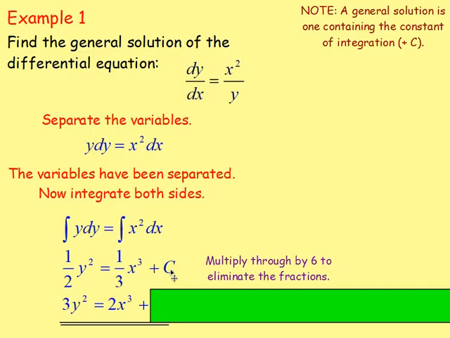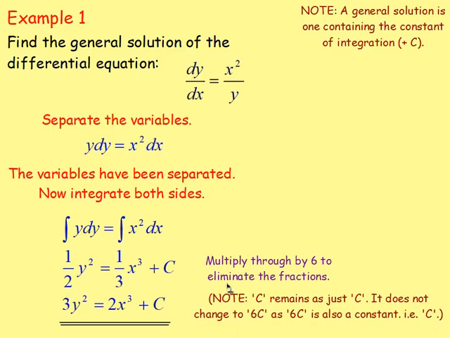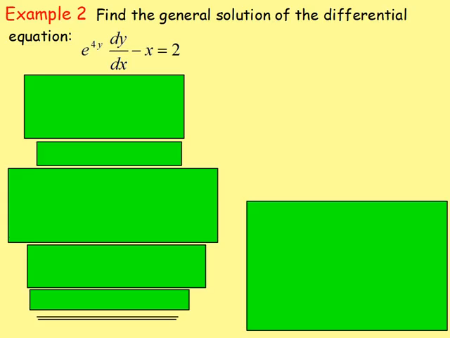And if you multiply plus c by 6, you will just end up with c, because c, remember, is a constant. If you multiply it by 6, it's still just a constant. So you will leave it as plus c. The only time you would change it is really if there is an x term involved. So you just leave that as plus c. And that is your solution.